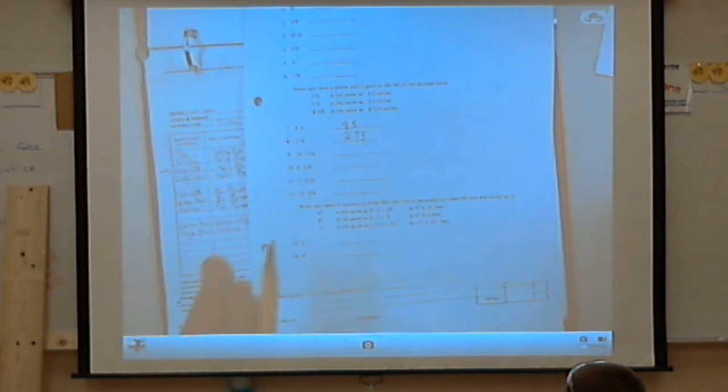So linear, again, what is the definition of linear? What's a line? Tim, what's a line?